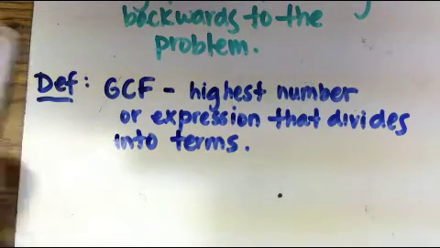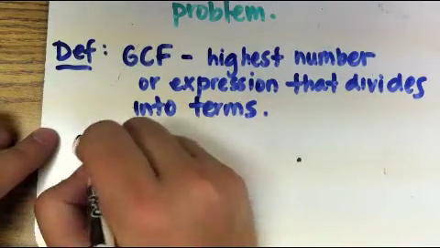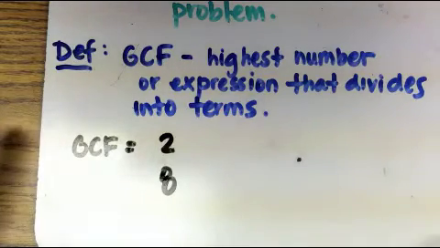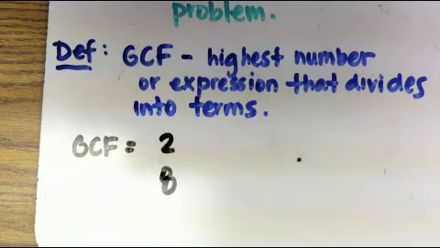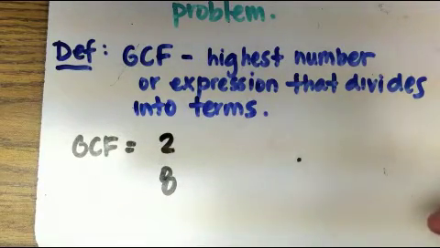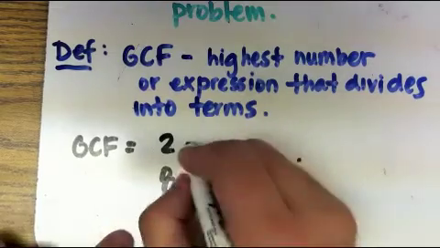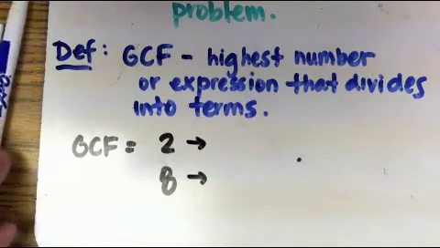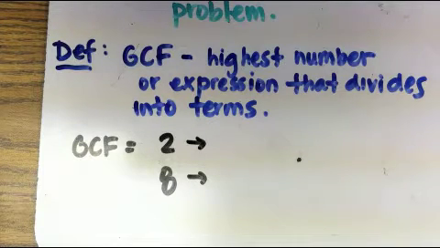What is the GCF of 2 and 8? Meaning, what is the highest number that can go into both of these terms, this 2 and this 8? To figure that out, you're going to list out all the factors, and then figure out the greatest factor that they have in common.